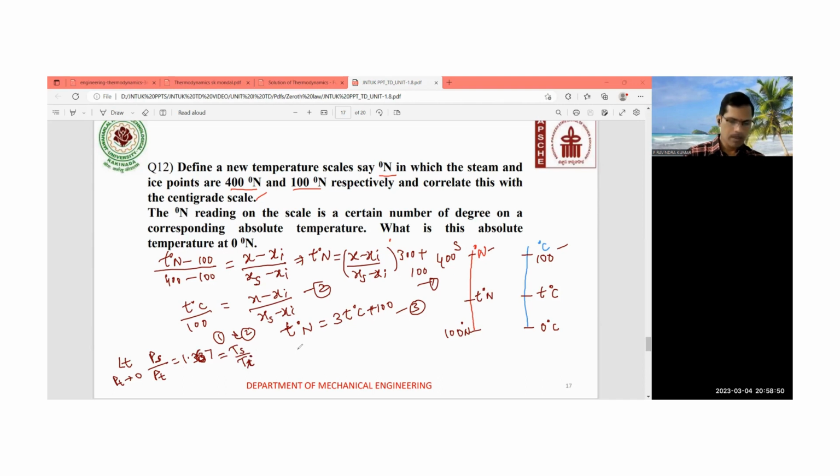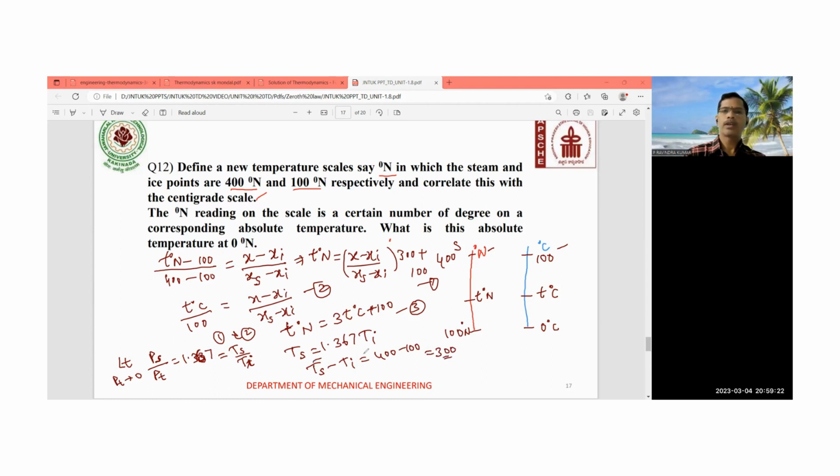So from this relation, we know that Ts is equal to 1.367 Ti. Already we know that the difference between the steam point and the ice point on the new temperature scale is 400 minus 100, that is 300.